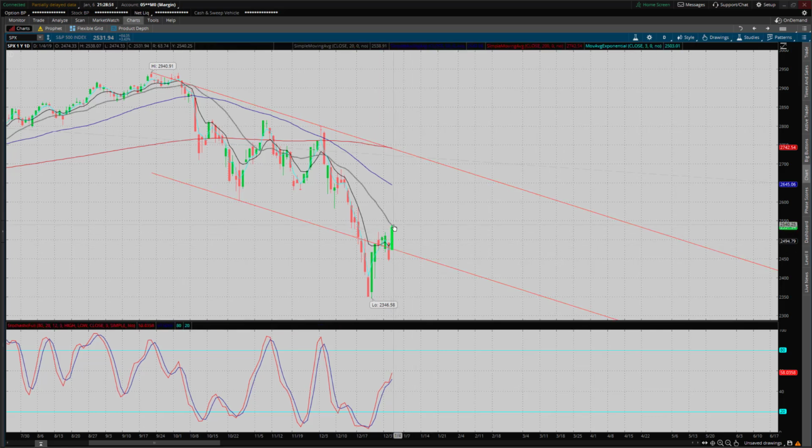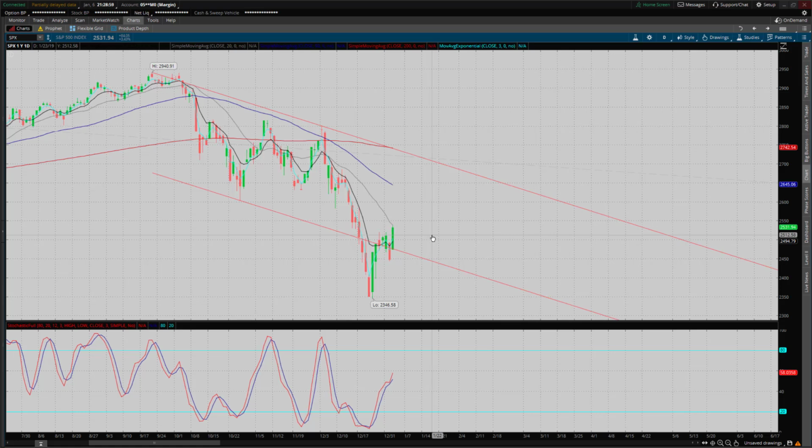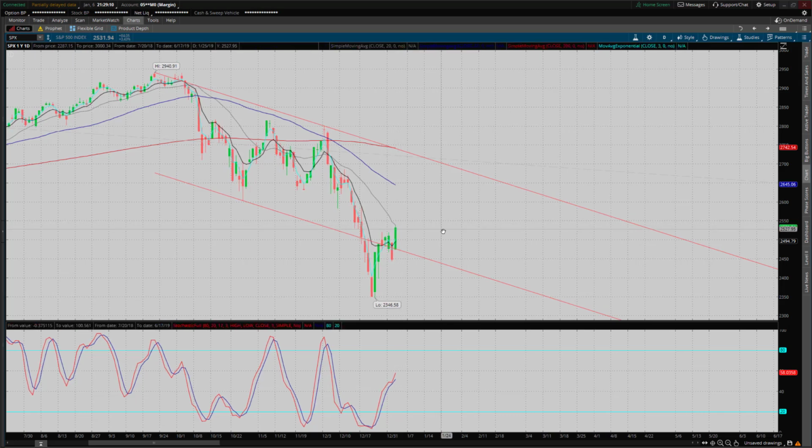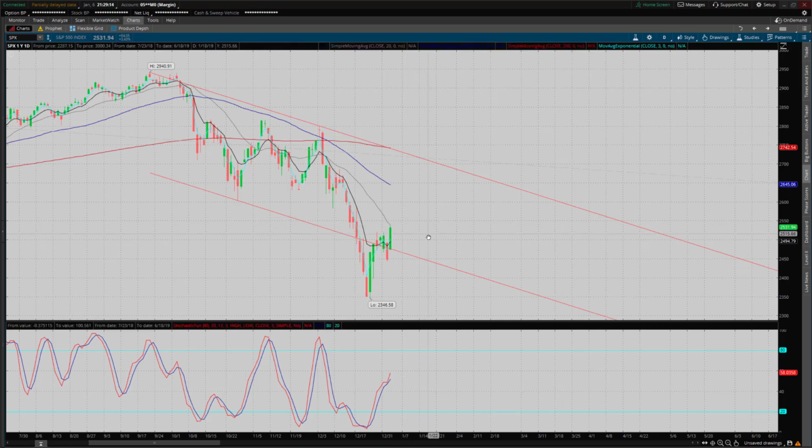We hit the 20-day simple moving average intraday and slightly reversed off of it into the close on Friday. Now, there's obviously no reason to believe that the top is in. As we've looked at on the Elliott wave chart, it appears that there needs to be a little more upside. But I just thought that's an interesting area to be looking at here, just as far as moving averages go.